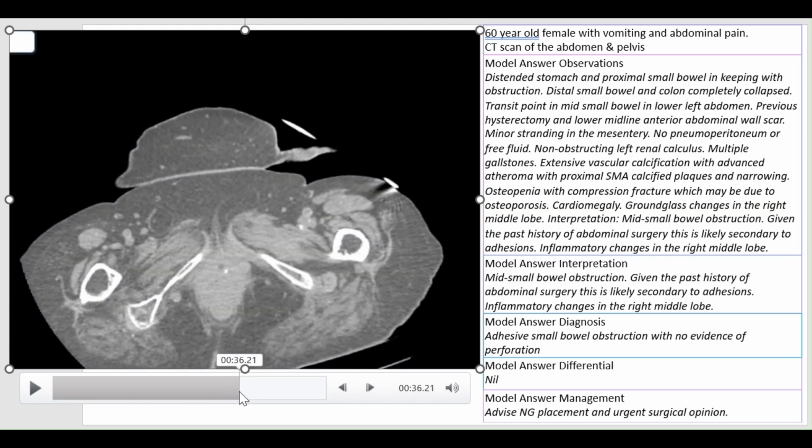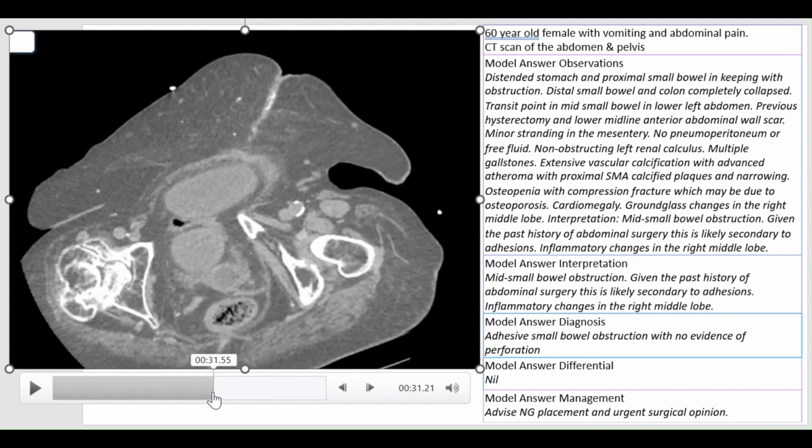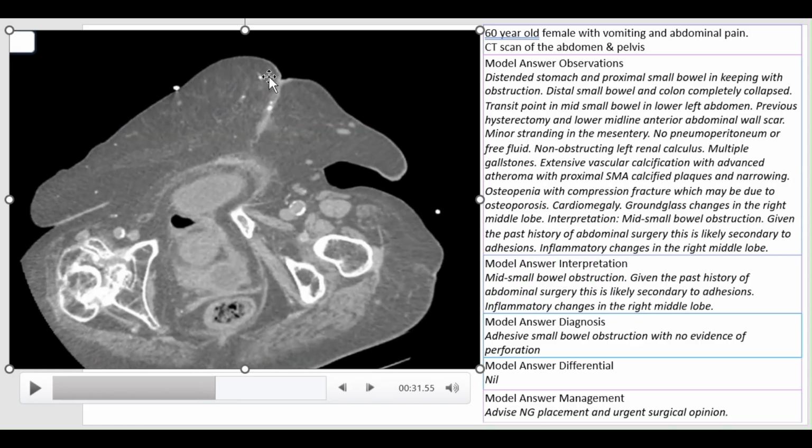All of these, along with the midline lower abdominal wall scar, are signs of previous subtotal hysterectomy. Subtotal hysterectomy means that only the body of the uterus is removed, however, the cervix is still seen as in this patient.